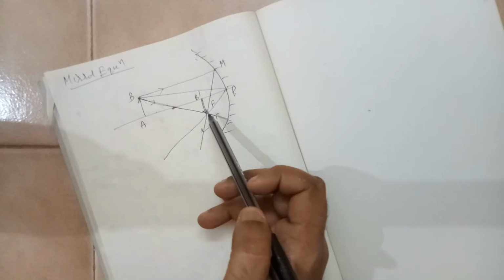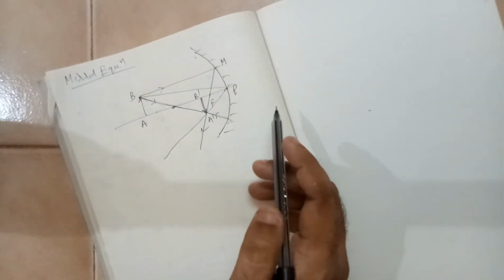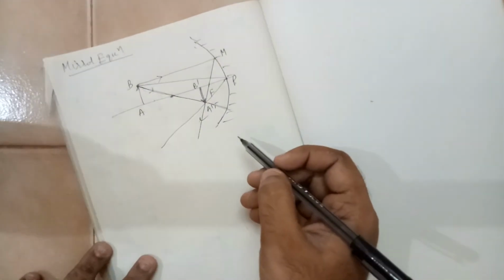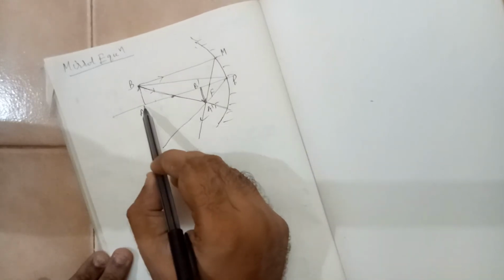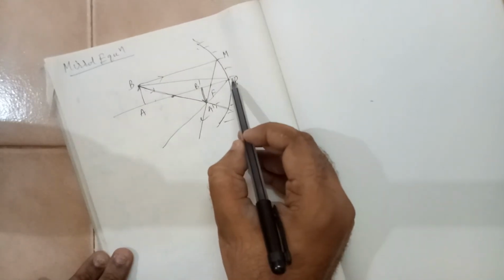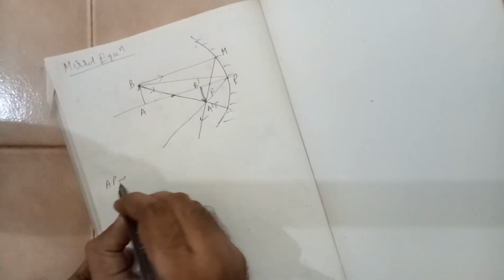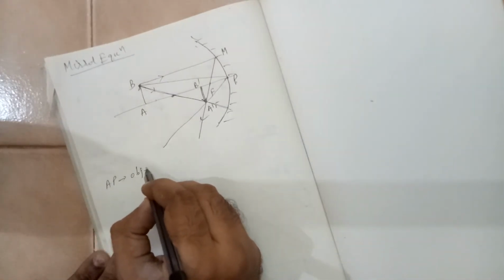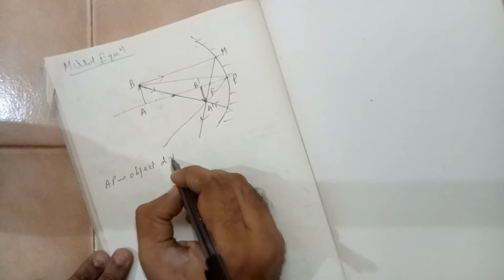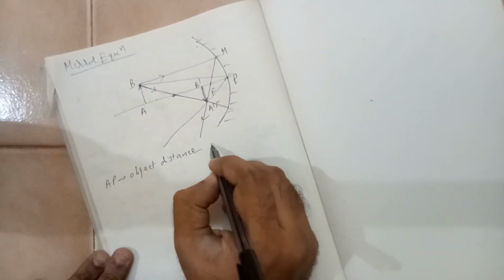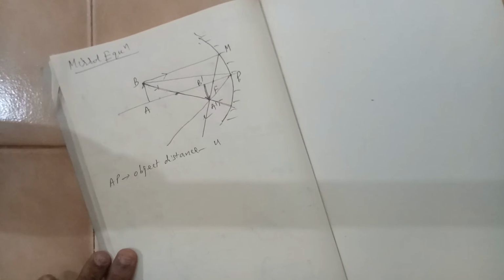It is diminished. Okay. So A to P is the object distance. AP is the object distance, denoted by U. This is the standard notation.